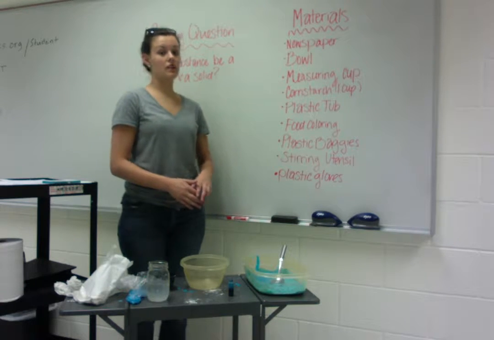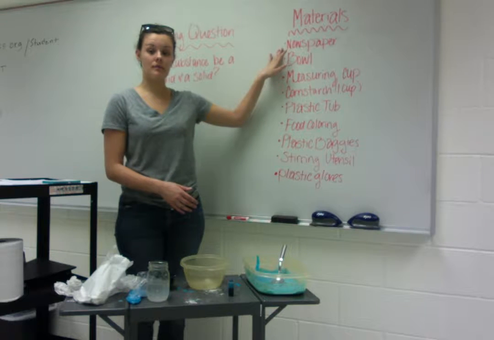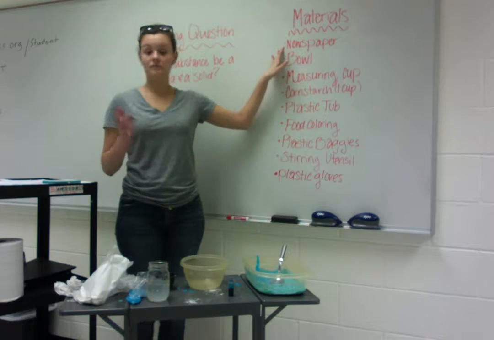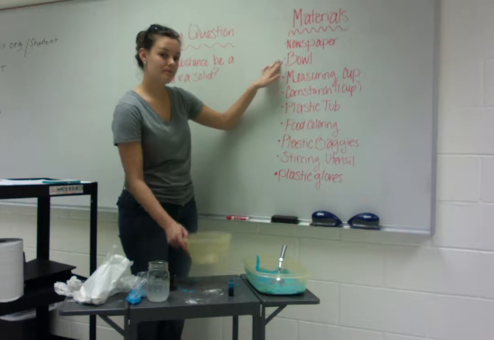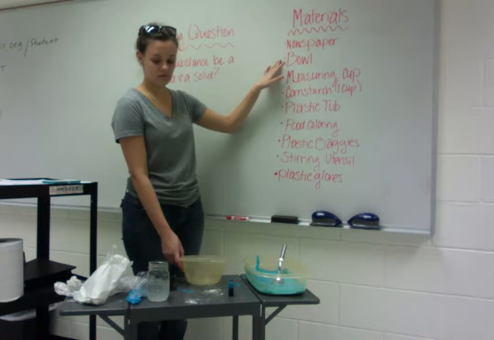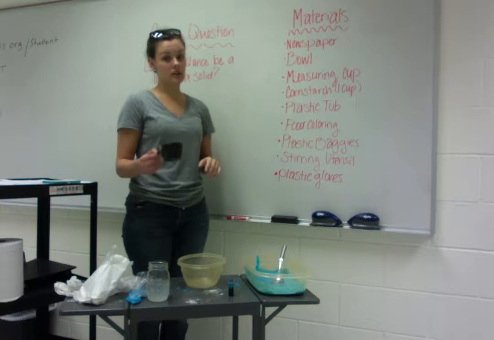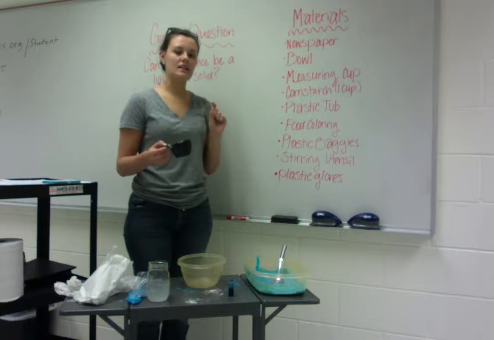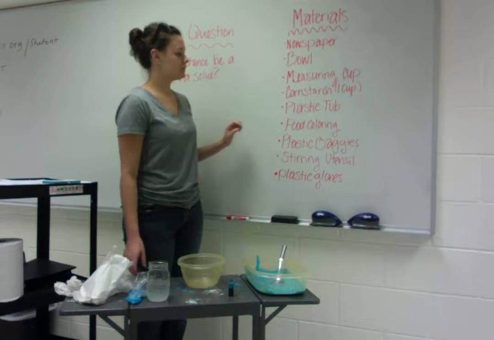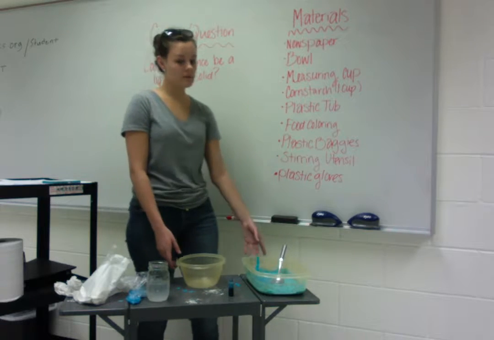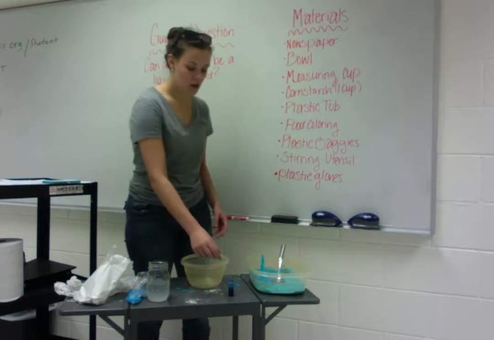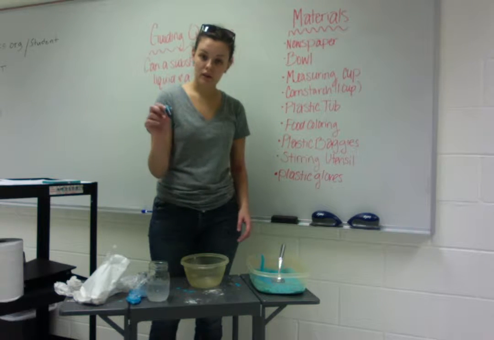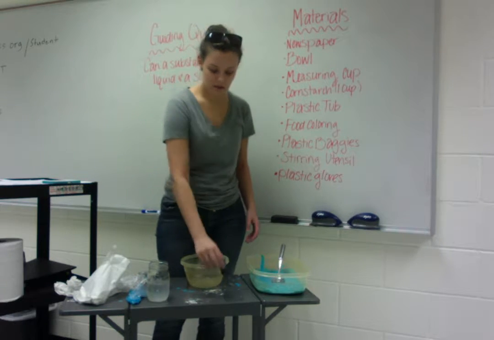And the materials you're going to need is newspaper, because it's going to get really messy, a bowl, a measuring cup so we can get the exact amount of cornstarch, plastic tubs such as these, food coloring of your choice.